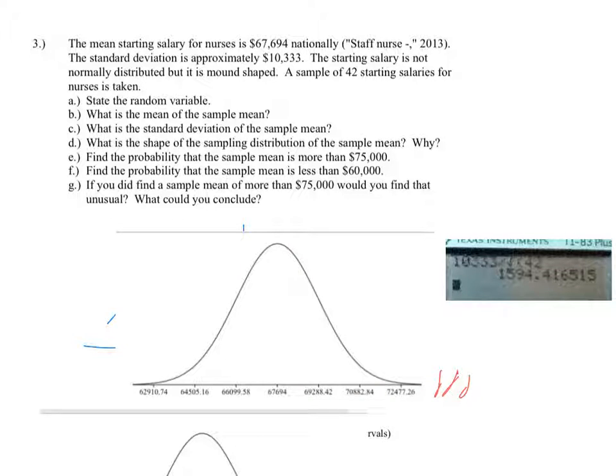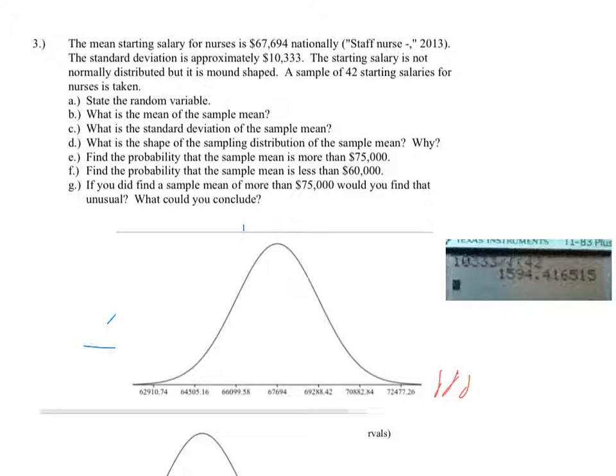So I went out and used that David Lane applet, and I told it the mean and the standard deviation of this sampling distribution, and asked what's the probability that I'm going to get a sample of 42 nurses with an average higher than 75,000. Well, the applet says 0. Why? If I go up 3 standard deviations above the mean, I'm at 72,000.